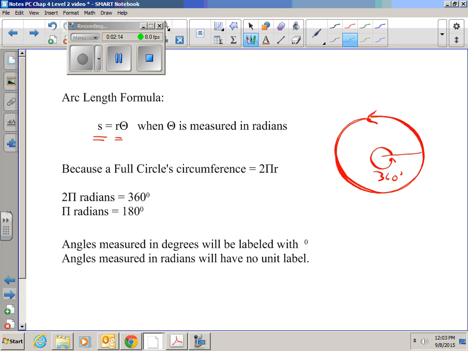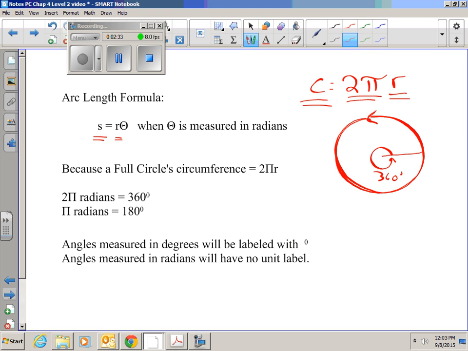degrees, but it's also 2 pi radians, because you know that the circumference of a circle is 2 pi r. So in other words, arc length, circumference, is equal to the radius times the angle, which in this case is 2 pi.